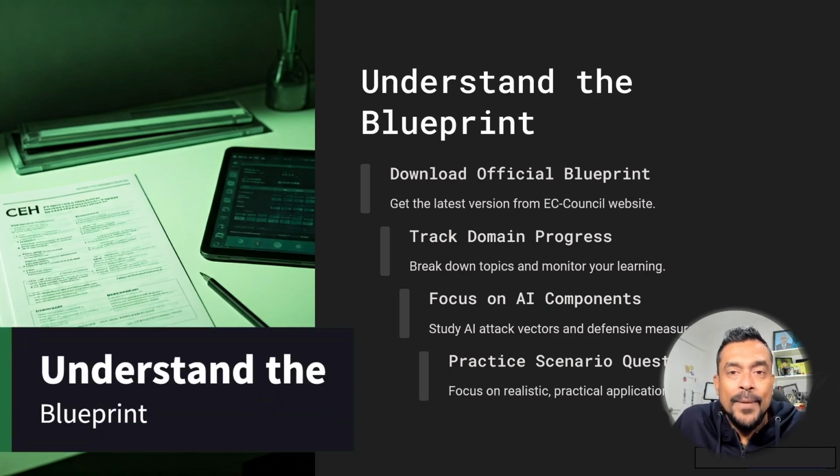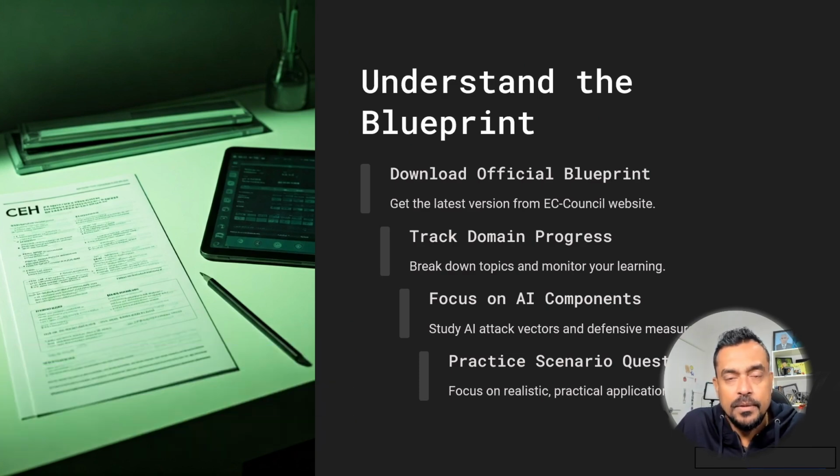Mainly, what you need to do is understand the blueprint of the EC Council Certified Ethical Hacker version 13. That can be done by downloading the official blueprint from the EC Council official website. Then you would know what to expect from your exam. You can go through it, and also go through the brochure. Then you will know the exact areas that should be covered during your Certified Ethical Hacker version 13 training, right?